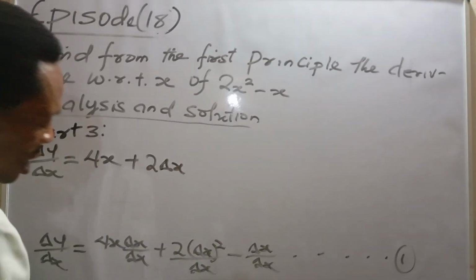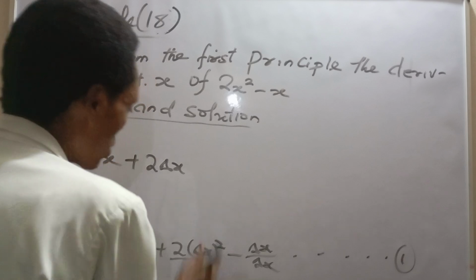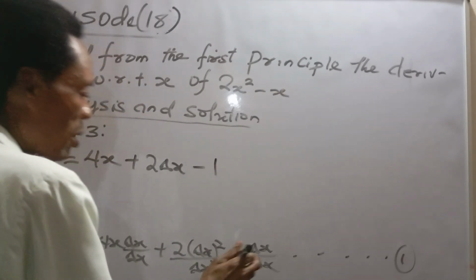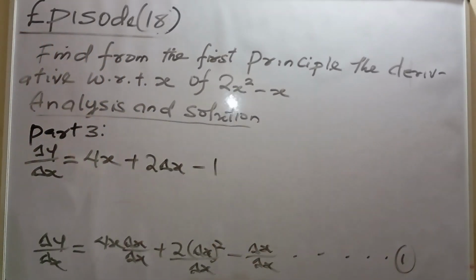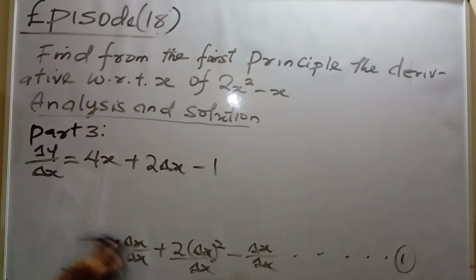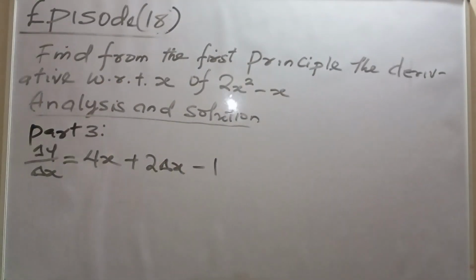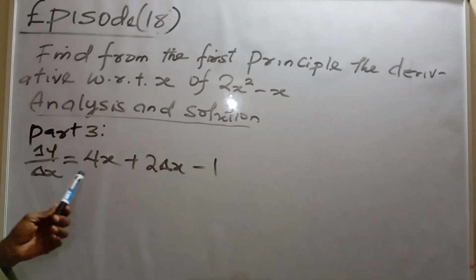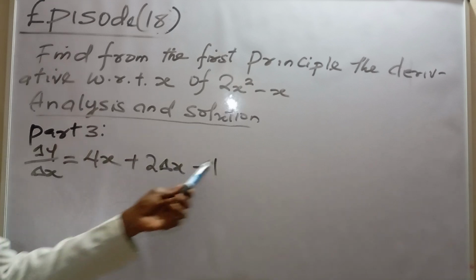Then coming to this one, you are left with 1, because delta s over delta s will give you 1. Okay, so take note. So what are we looking for? We are looking for dy dx, even from this place. At this juncture, this is delta y over delta s equal to 4s plus 2 delta s minus 1.